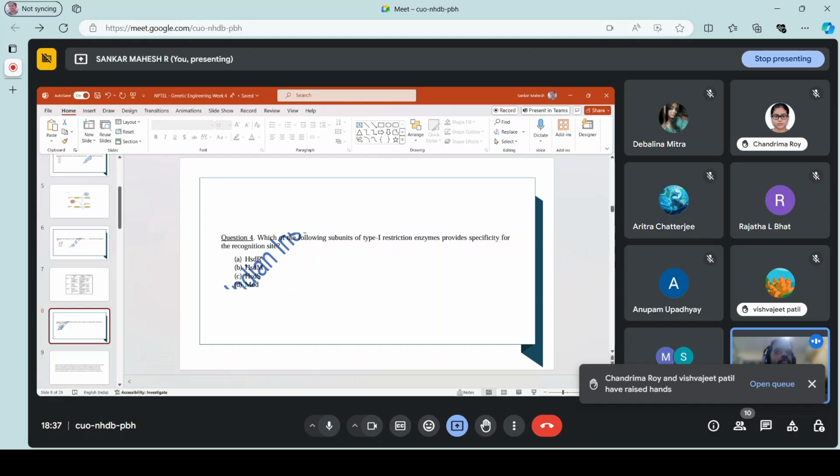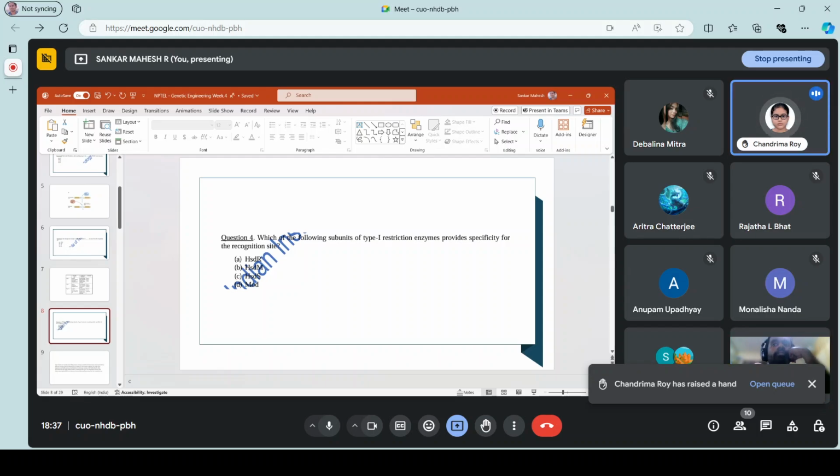Yeah, Chandrima, you can talk about one option. It could be R, M, or S, followed by Vishwajit. Any incorrect option? You can either say what a particular subunit stands for.